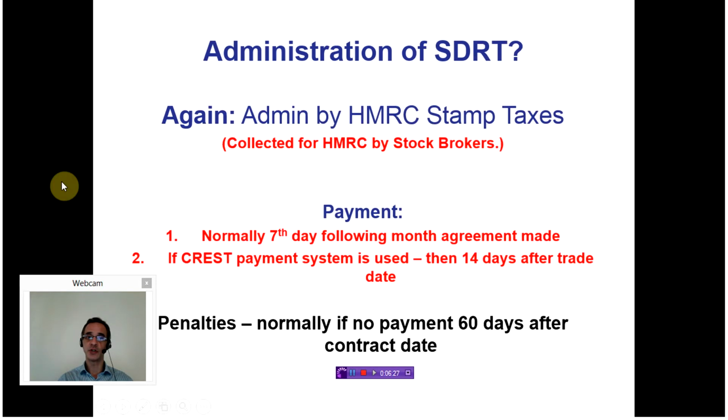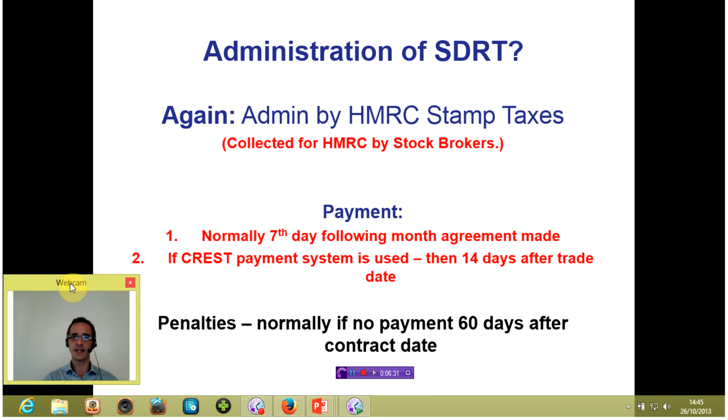In terms of the administration, again covered by HMRC stamp taxes. As I said, stockbrokers would be required to account on behalf of their clients on a monthly basis.